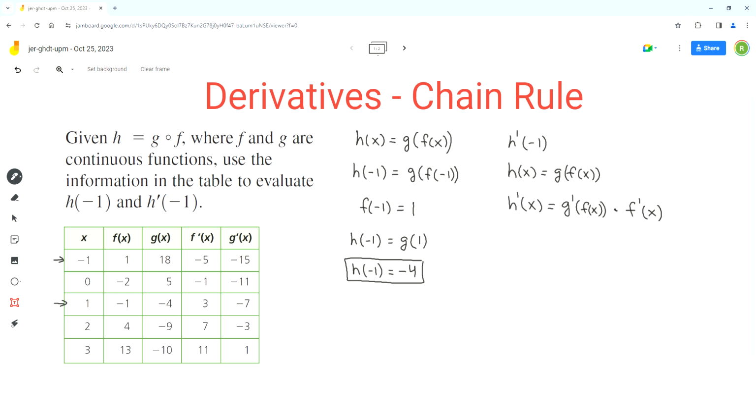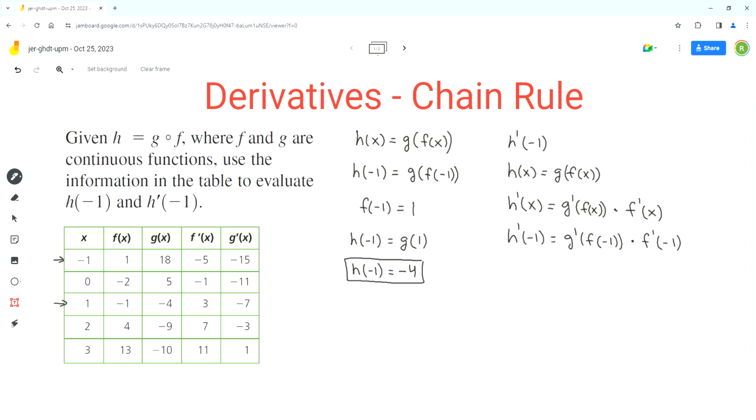Now we'll sub in x as -1. So we get h prime at -1 equals g prime at f at -1 times f prime at -1. Now the first step is to input the value for f at -1.